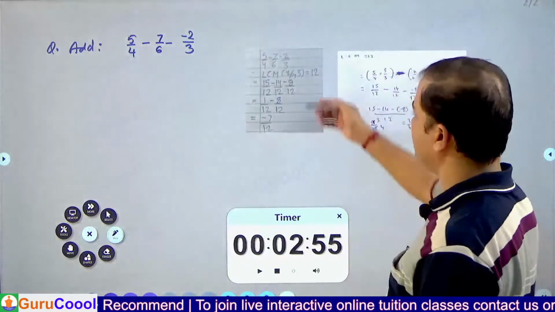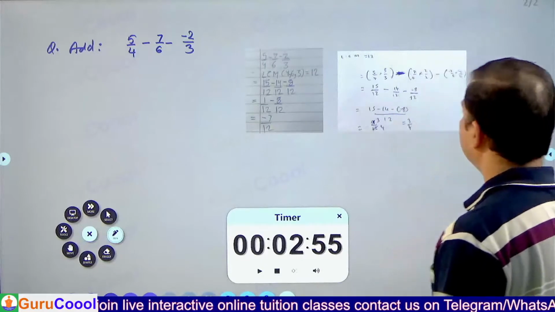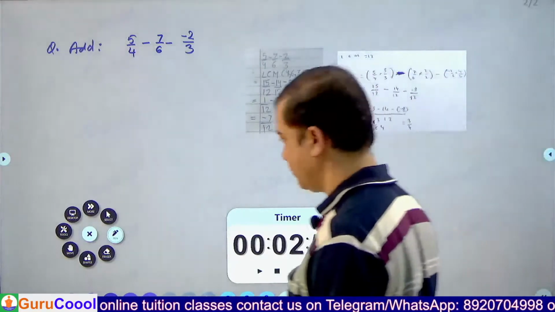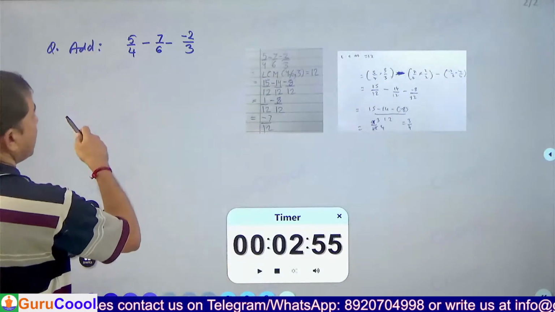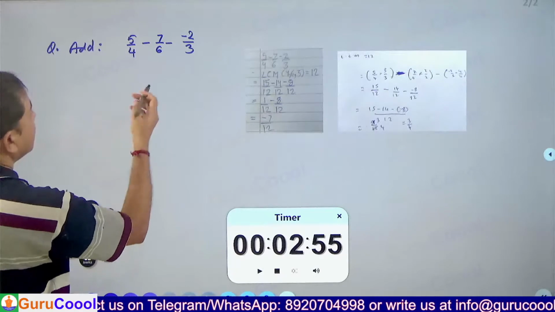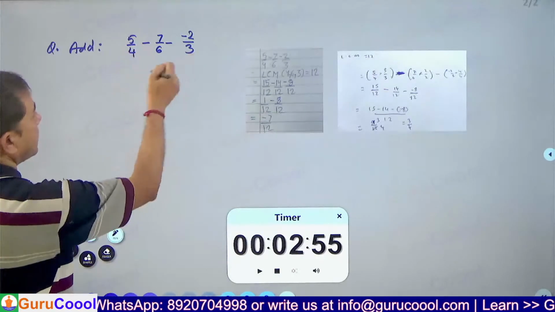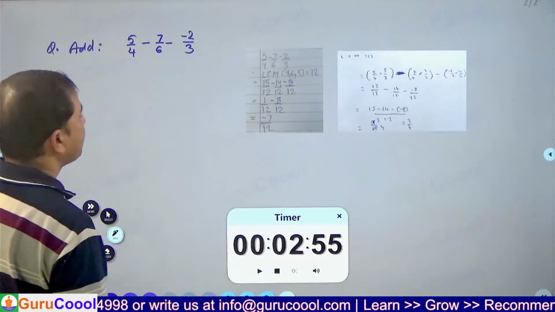Why do so many steps, Anurag? Okay, see here. The process to do it is take the LCM and make the denominator same. What is the LCM of 4, 6 and 3? 12, sir.